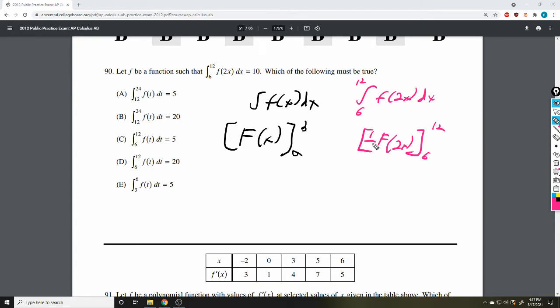So we need a 1/2 out in front to counteract that chain rule. So 1/2 can go out in front, times plug in 12, capital F of 24, minus capital F of 6 times 2, which is 12.